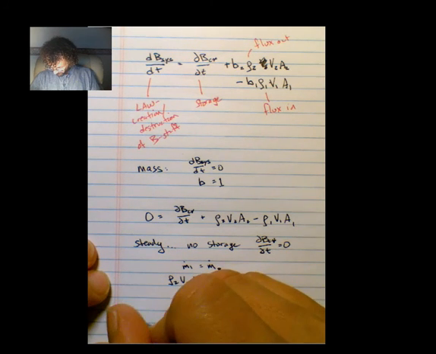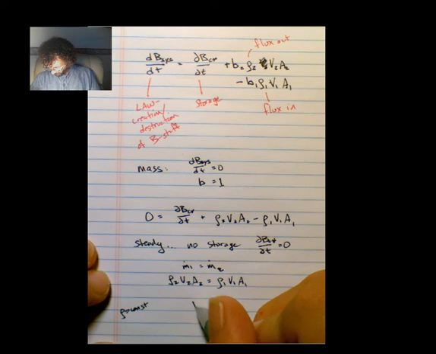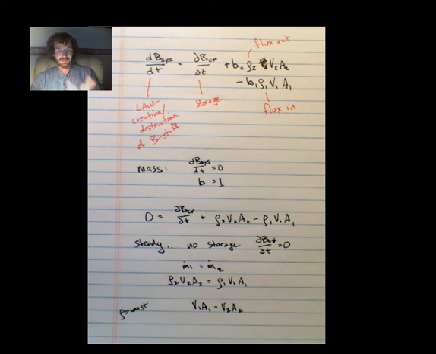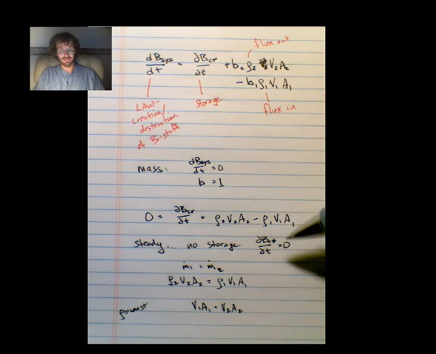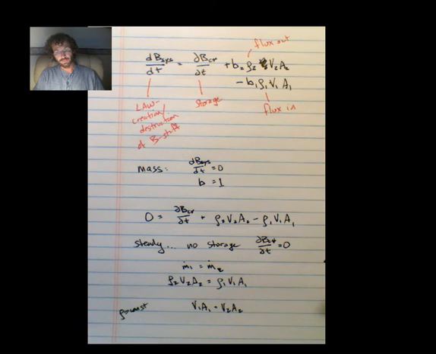If density is constant, you have it in the form we've used the most: V1 A1 is equal to V2 A2. So this is consistent with that idea that we introduced, but it comes from this more general framework. It's a very, very special case of this more general result. It's a special case even of just this 1D result, and I think we'll come back to this when we analyze the full 3D equation.